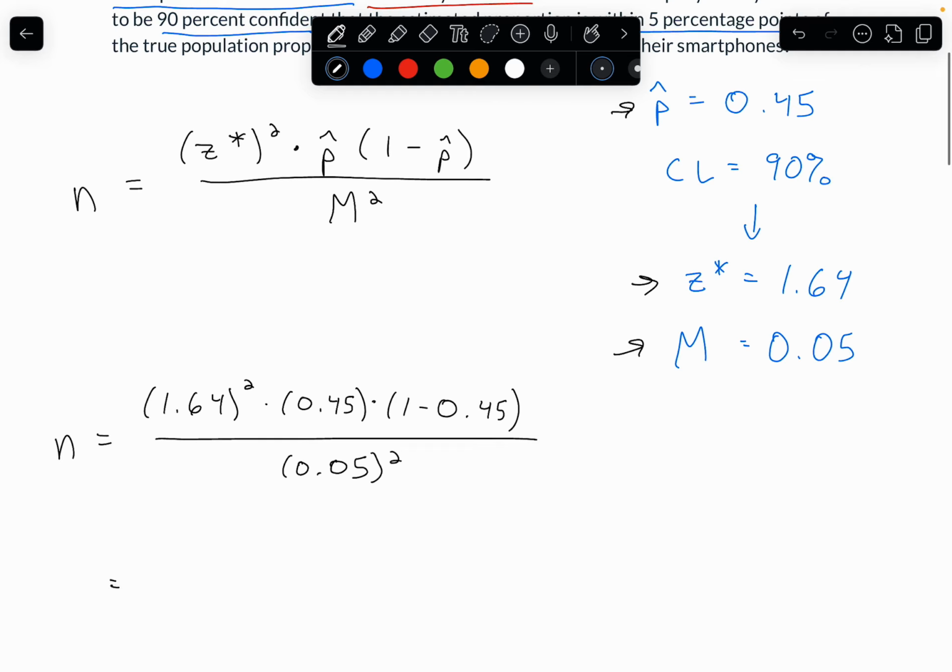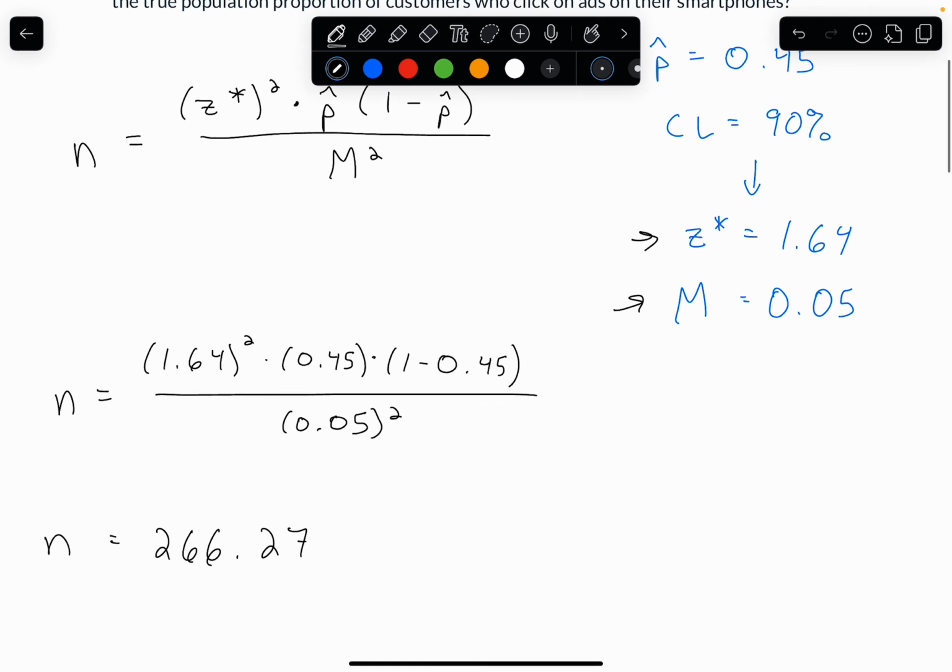So grabbing my calculator, let's be very careful. 1.64 squared times 0.45 times 1 minus 0.45, and then we're going to divide by 0.05 squared. I ended up with 266.2704.